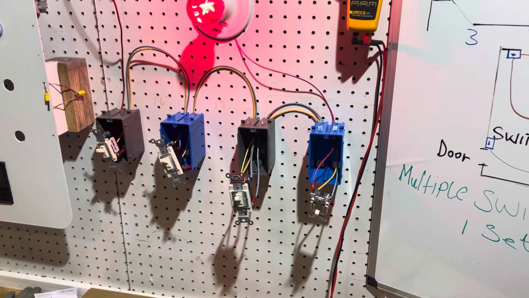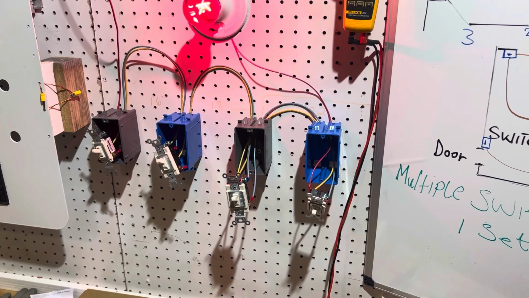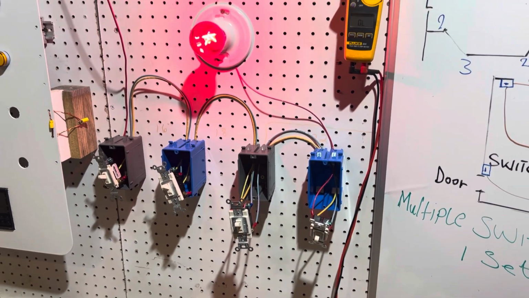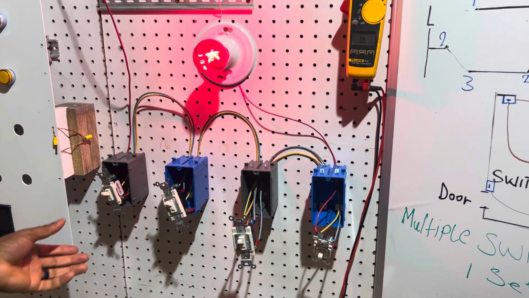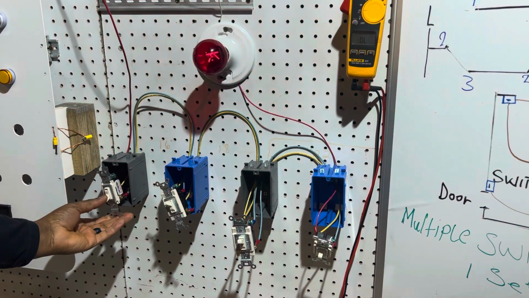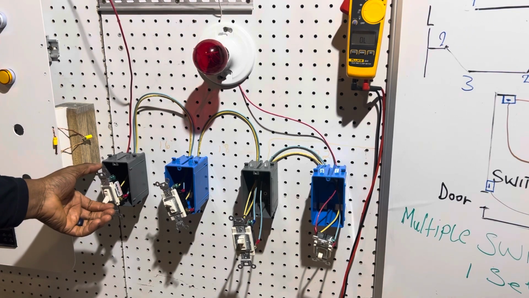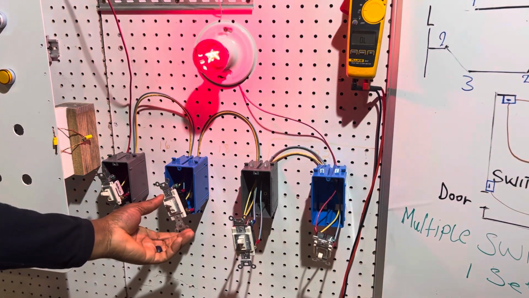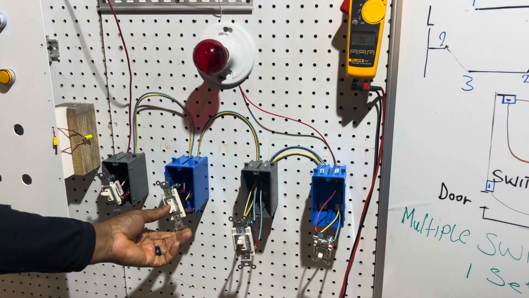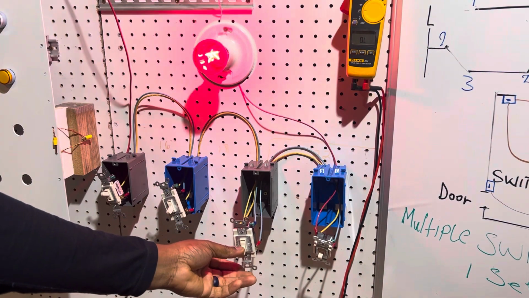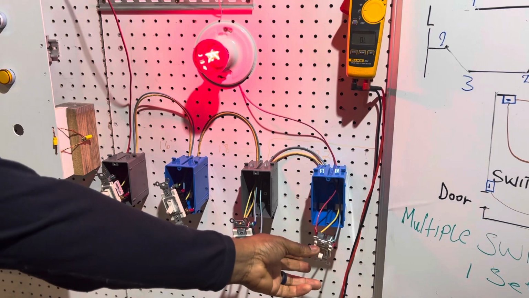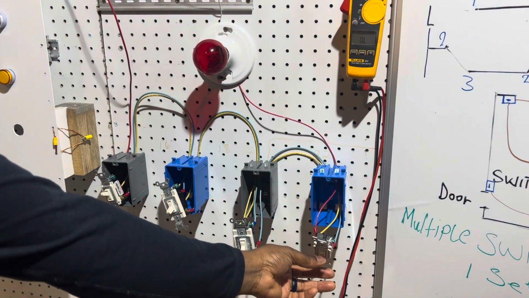How do you know if this is all wired correctly? You have to try more combinations. So your light was off, you turn it on, you go to another place and turn it off, you go to another place and turn it on, you go to another switch and turn it off.